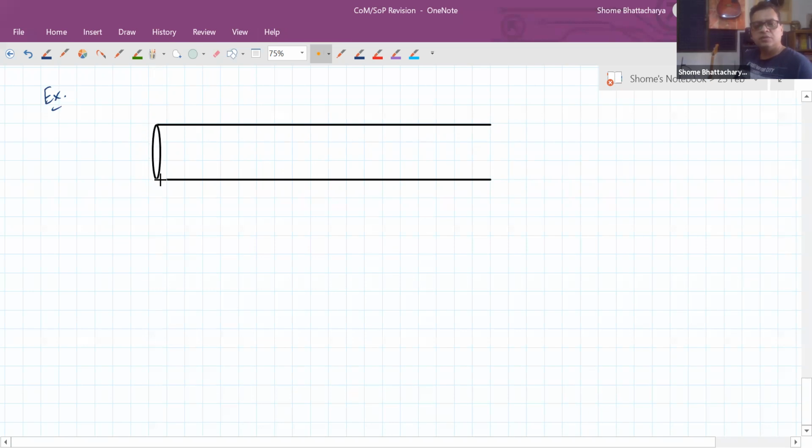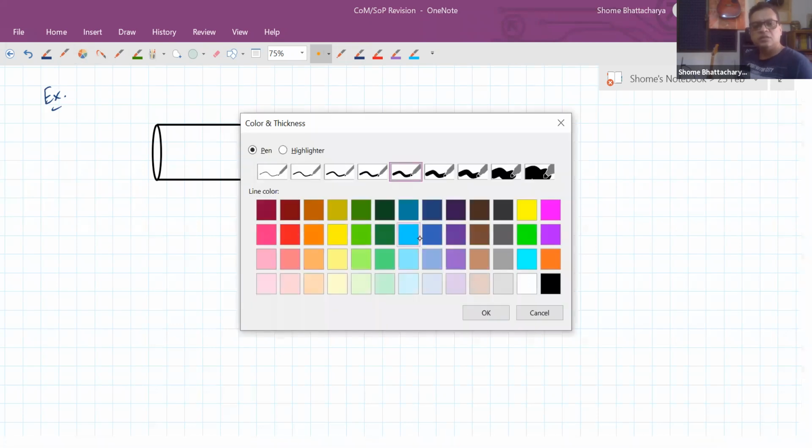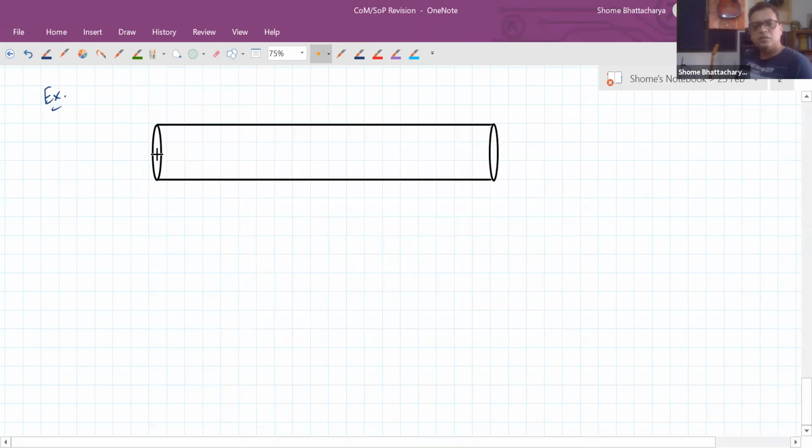However, the cylinder is made of anisotropic material. The density of the cylinder varies with position, let's say. So within the cylinder, if we take a point which is at a distance x with respect to this end of our cylinder.